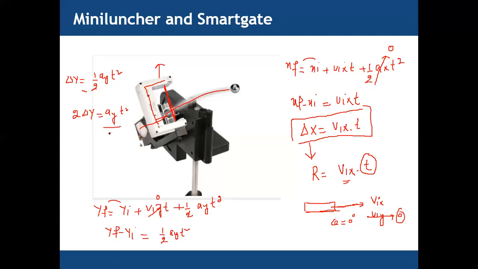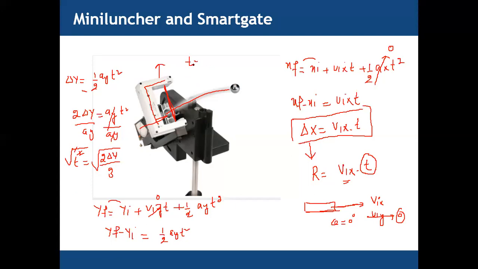If you divide both sides by Ay, or Ay is equal to g value, these two cancel. We have t square is equal to 2 delta y divided by g, and cancelling the square with the square root, we have a formula for t.